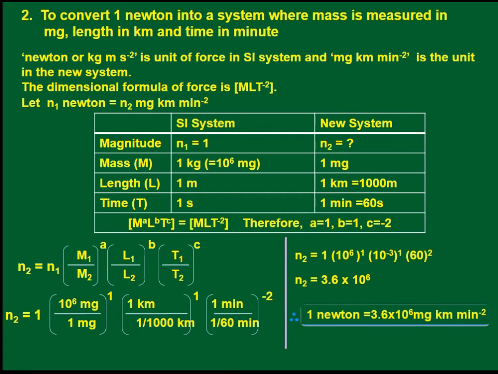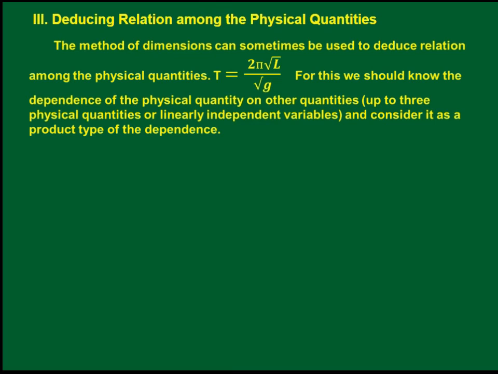We know that T is dependent on L and T is dependent on g. So we can write this as T is proportional to L to the power x, m to the power y, though mass doesn't depend on, but let us take it depends on mass also, and g, the acceleration, to the power z.